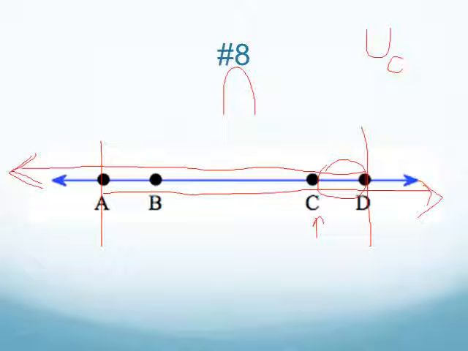Remember, it went on forever to the left, and the other segment went on forever to the right. So the answer, if it had been a union, would have been C, extending with the arrows past A and past D. But this is intersection, so the answer is D.